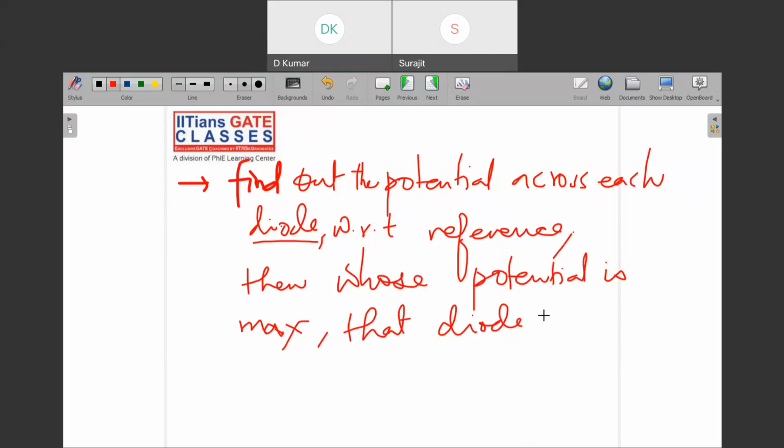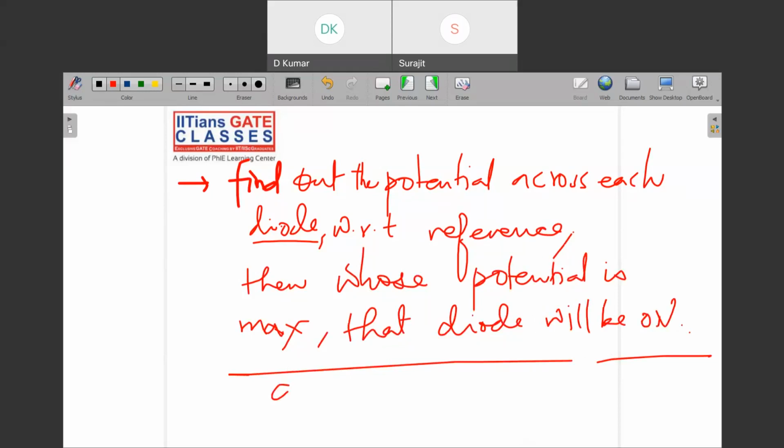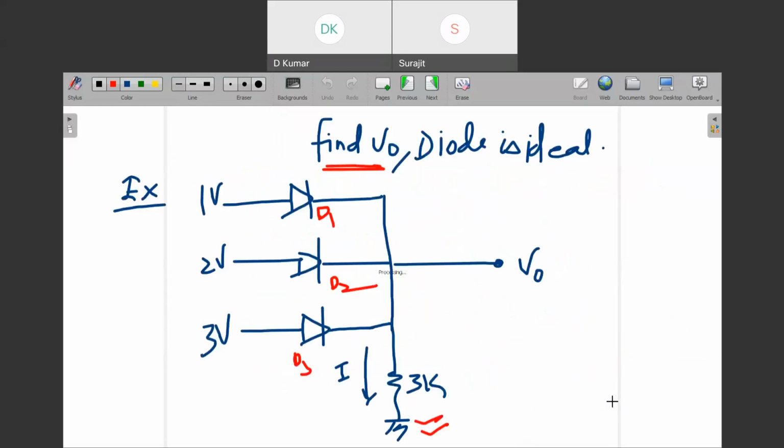This is very important. The rest of the diodes will be off. Off in the sense reverse bias, open circuit. This is a condition you have to always apply in this kind of problem.